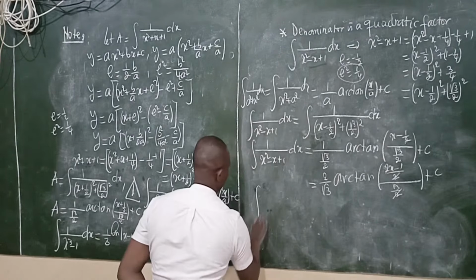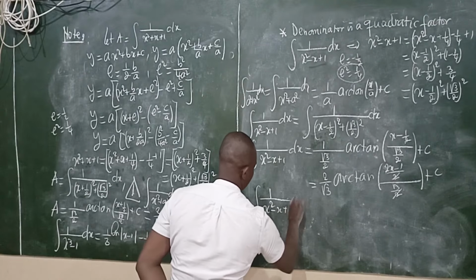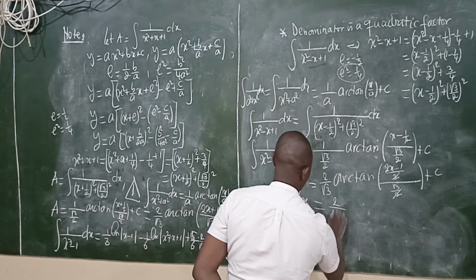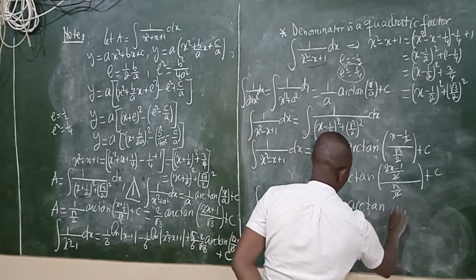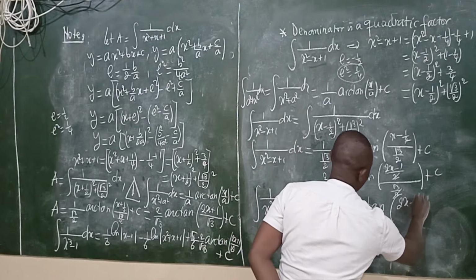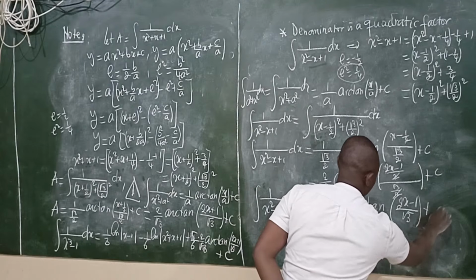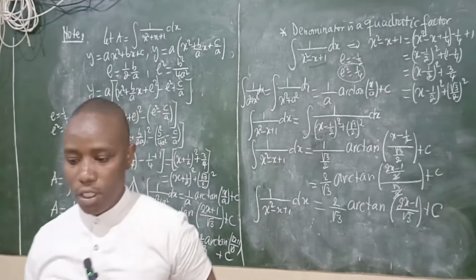And the integral of 1 by x squared minus x plus 1 dx will be equal to 2 by root 3 arctangent of 2x minus 1 by the square root of 3 plus the constant of integration.